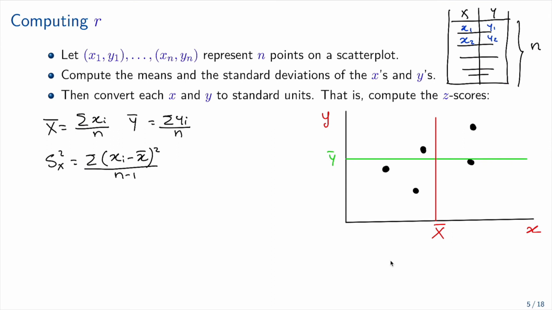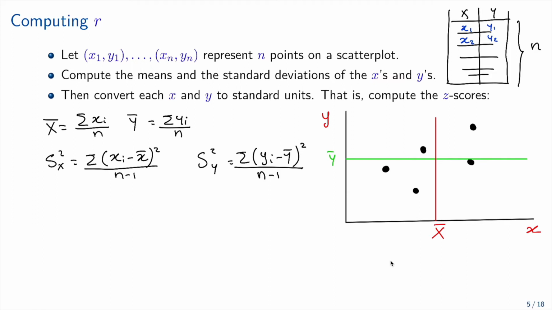And that's the variance for x, and the variance for y is equal to the sum of the distance of each yi with respect to the mean of y, each distance elevated to the square, and divided by n minus 1. Now the standard deviation, we just take the square root.